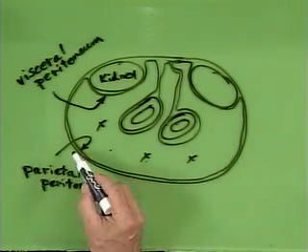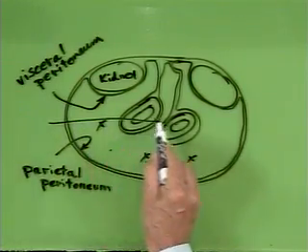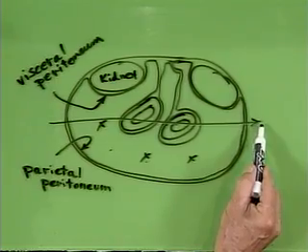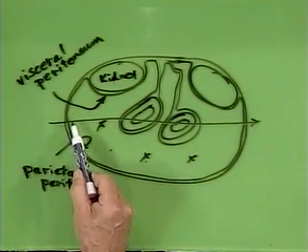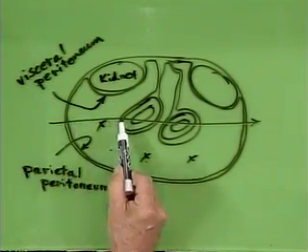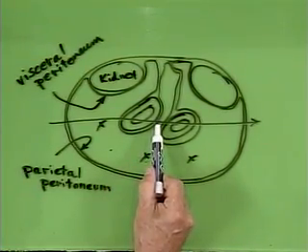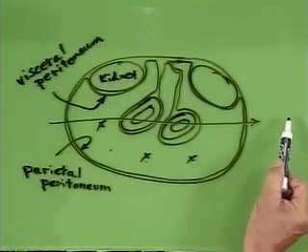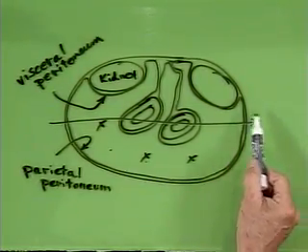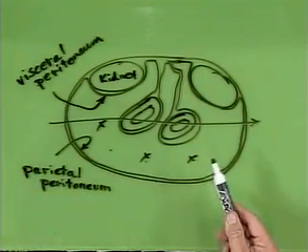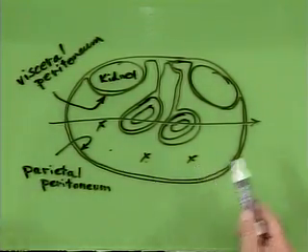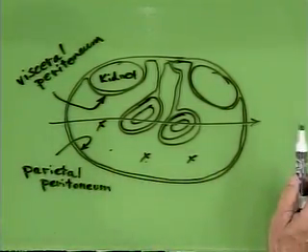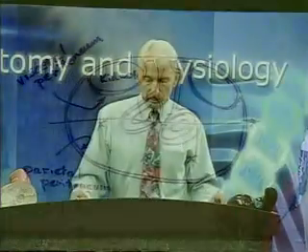But if we go through here like this, I just want you to realize that this particular black line with this arrow that we've drawn would penetrate parietal peritoneum and then visceral peritoneum, visceral peritoneum, visceral peritoneum, visceral peritoneum, parietal peritoneum as it passed through this direction. And when you take a look in a surgical suite or even on a relatively fresh cadaver, this peritoneum forms a very slick, shiny surface.